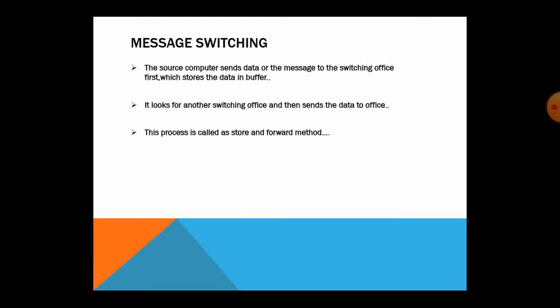It will receive the message first, then find the path to the destination, then send the message to the next switching office, which finds the link and sends the message on to the destination. This process is called the store and forward method.